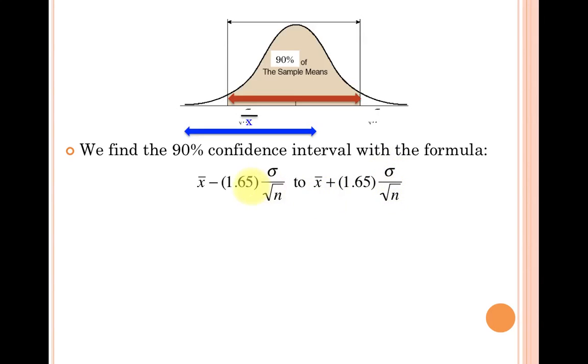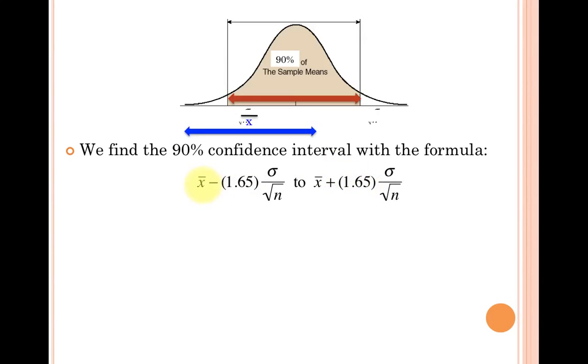Now, remember that in the beginning of this lecture, we found the z-scores that cut off the middle 90% of all z-scores. We found it to be negative 1.64 and positive 1.64. I know these z-scores are not exactly the same, but I'm following what the textbook does. So if you use the textbook to follow along with these examples, you'll find that it uses negative 1.65 and positive 1.65 in this formula.